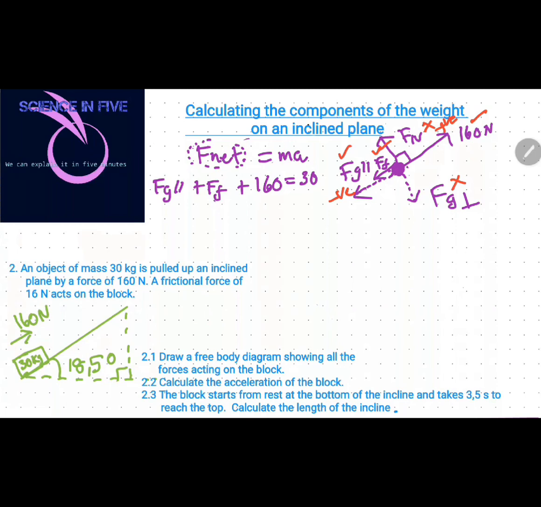Now on the side I need to calculate what Fg parallel is. It's Fg times the sine of theta. Fg is going to be m times g, 30 times 9,8 times the sine of 18,5 degrees.